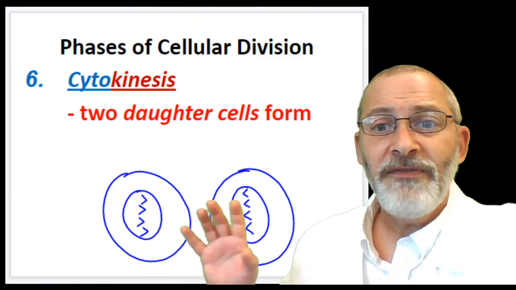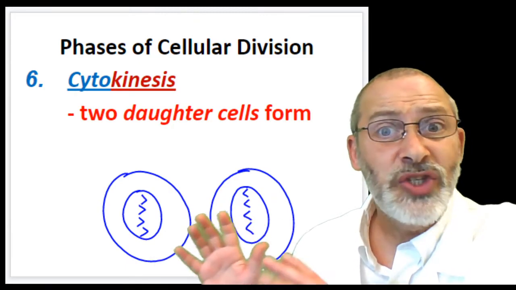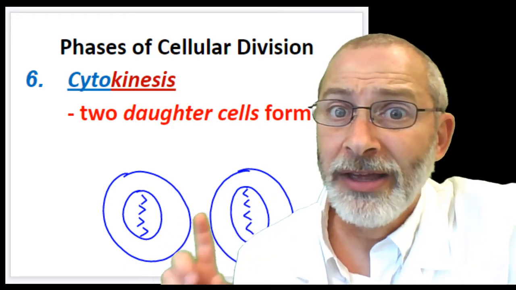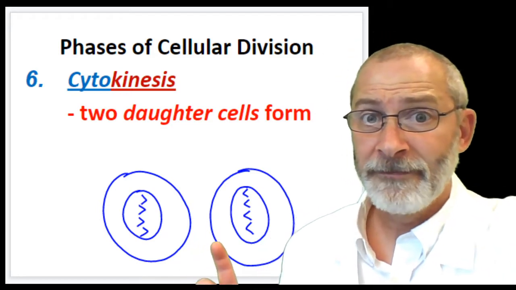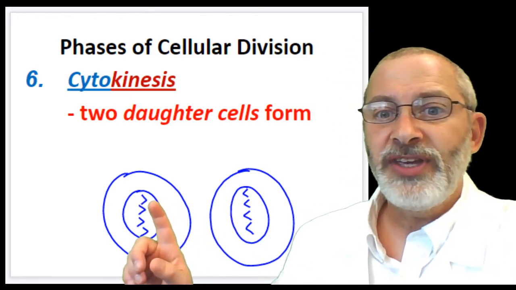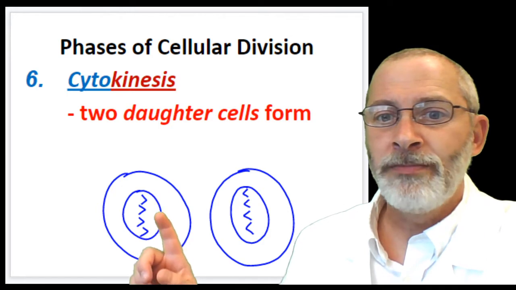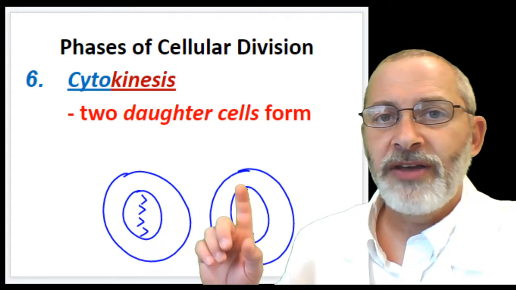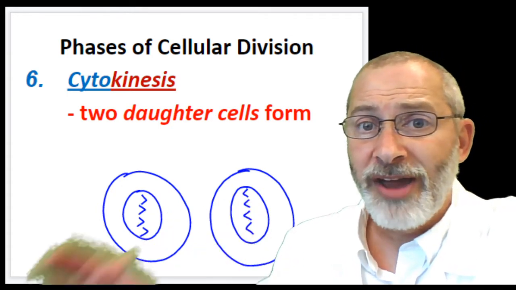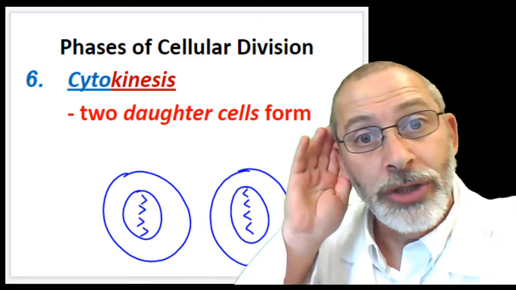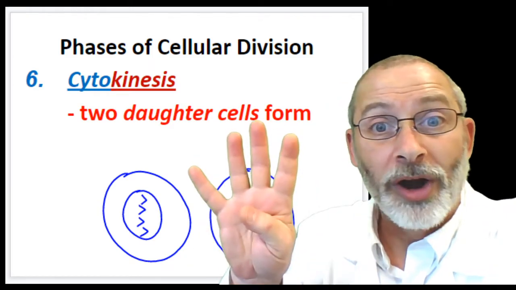But check this out. In both of the cells, and this is super duper important, so really focus on this for a moment. Count the little V-shaped chromosomes in each of the cells. How many are there, everybody? In each? 4.